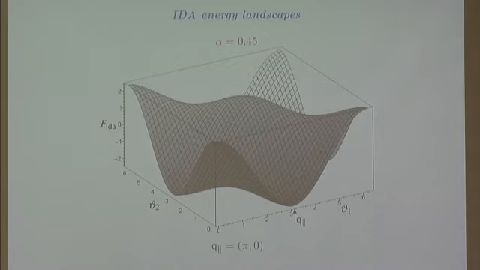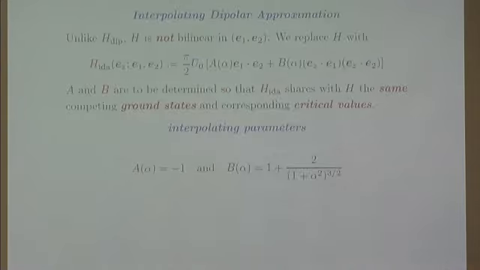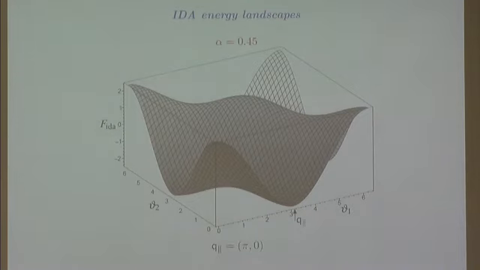And these would be the landscapes of the interpolants of the interpolating dipolar approximation. And again, by construction, these shapes are very similar and very close, even in quantitative terms, to the landscapes that we had already obtained exactly.